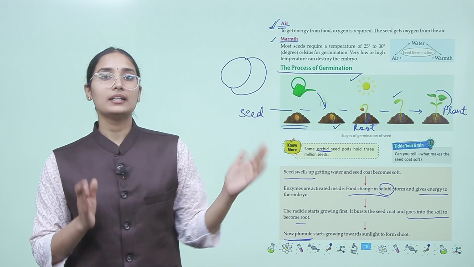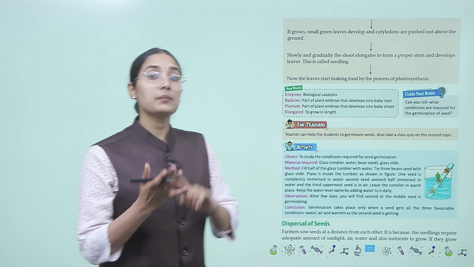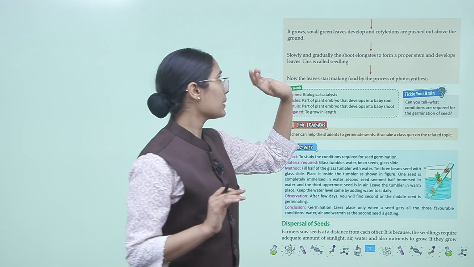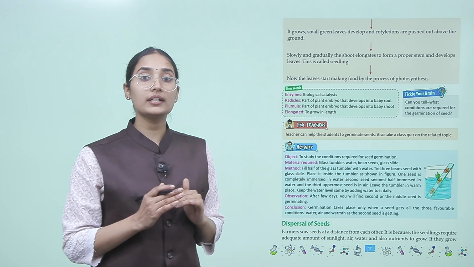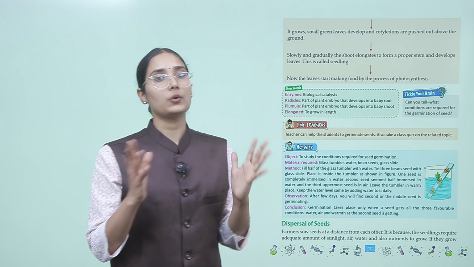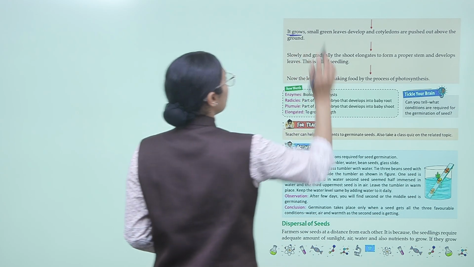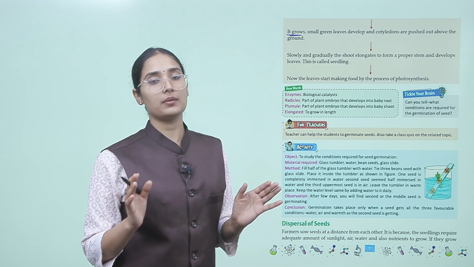Now let's go to the next page. Now, once the radicle and plumule start to grow in their direction, next what happens? It grows. Small green leaves develop and cotyledons are pushed out above the ground. When it continues to grow, small green leaves develop, okay.